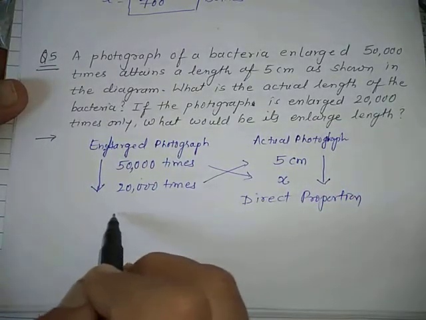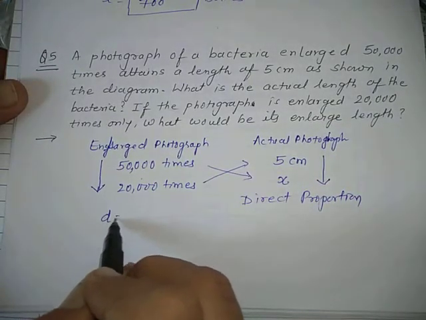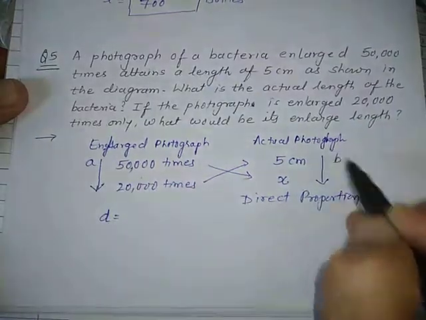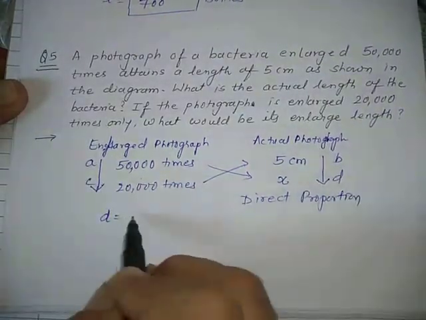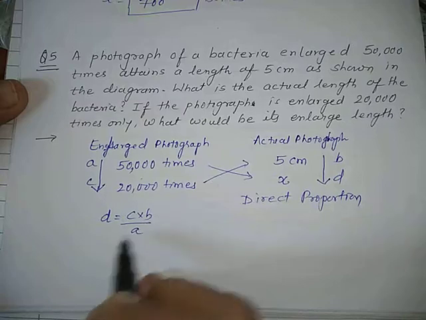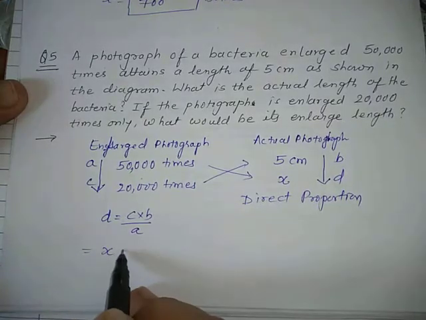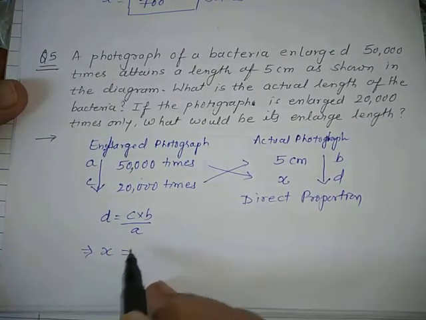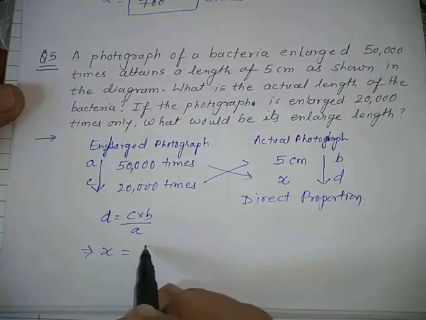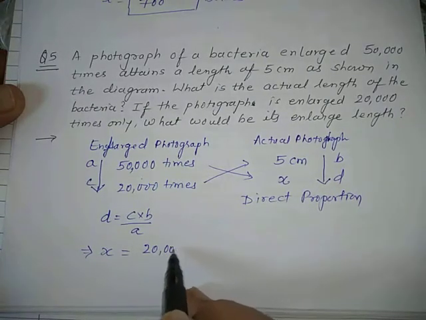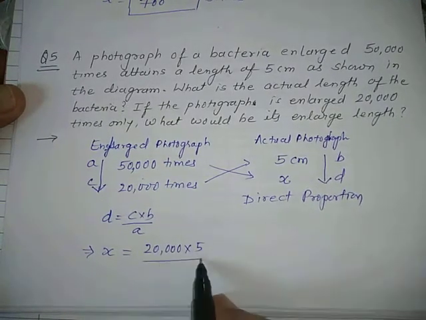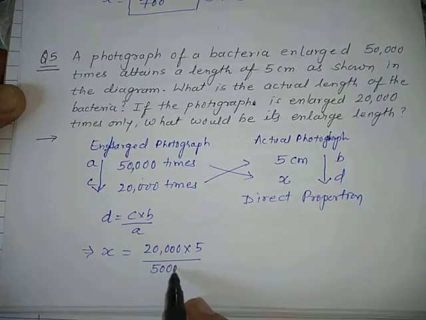that is A, B, C and D. We are finding D is equal to C into B upon A. That is X is equal to 20,000 multiplied by 5 upon 50,000.